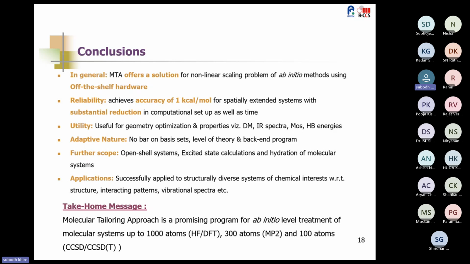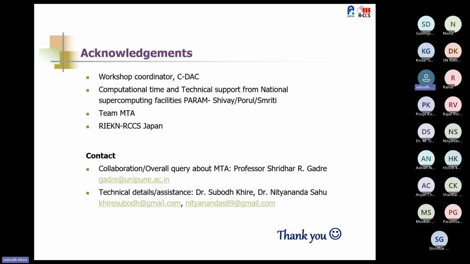And of course, these numbers are not fixed, they can definitely be changed as per the requirement. But this is what we have benchmarked. That's what I want to say here. But if someone has a particular requirement or a particular interest, yes, we can definitely apply the molecular tailoring approach for their system.